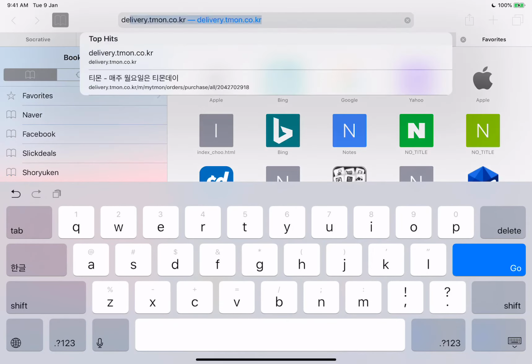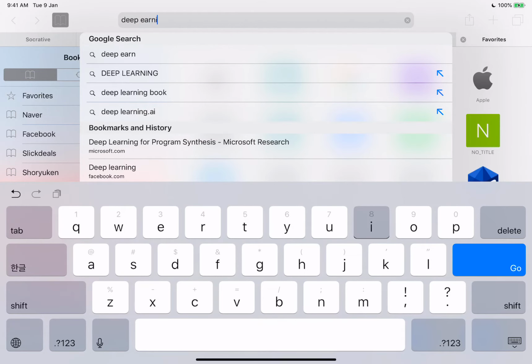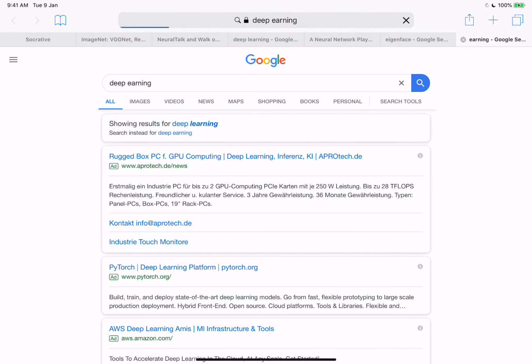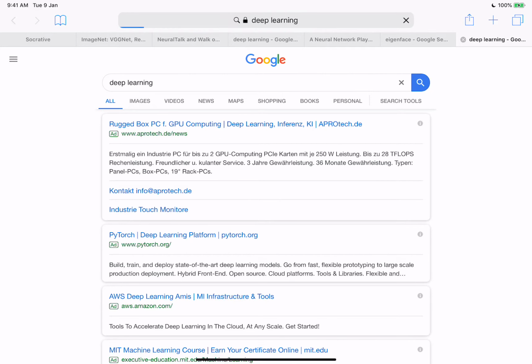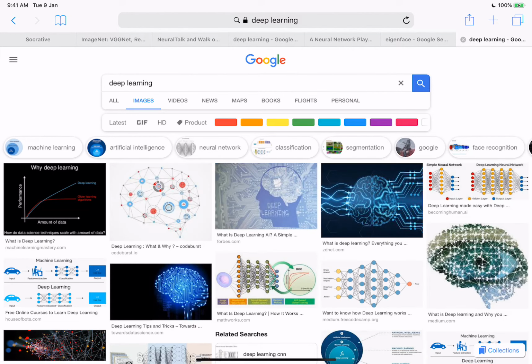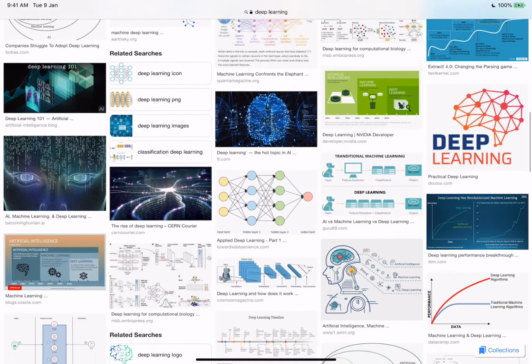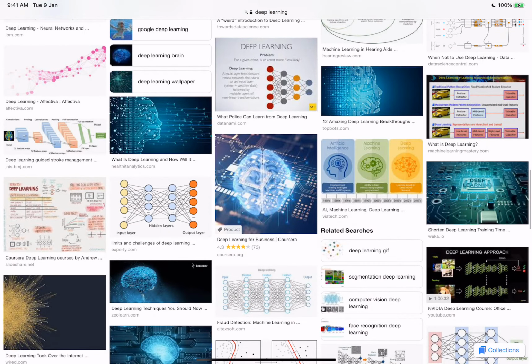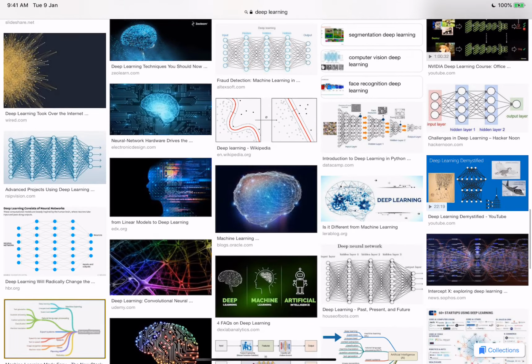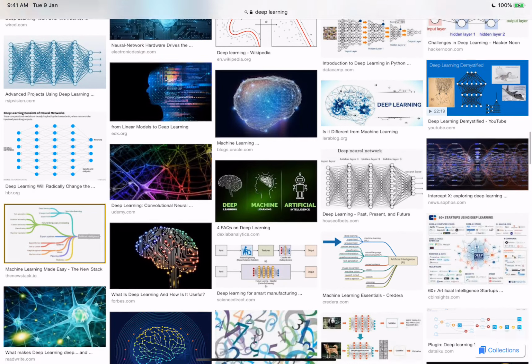So let me just search for it. I just searched for deep learning and did an image search. The results evolve, but let's see.